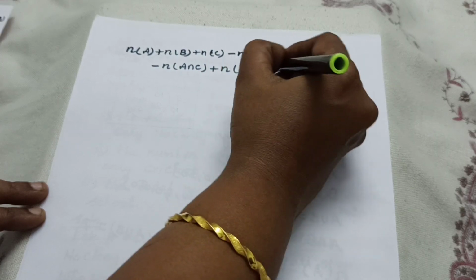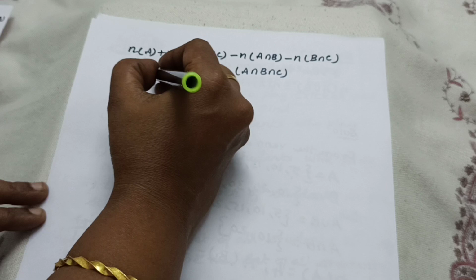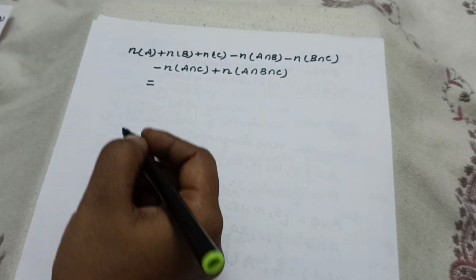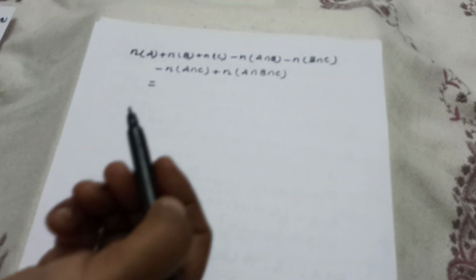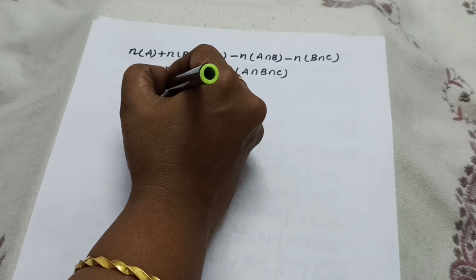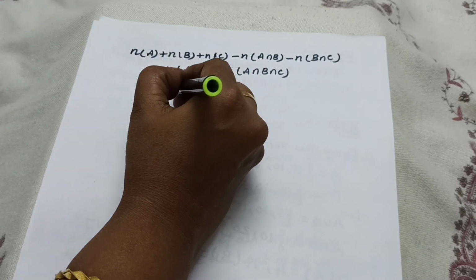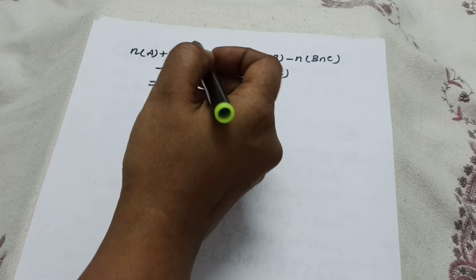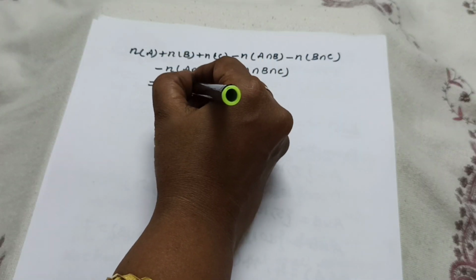Okay, here N of A, how many numbers? Here N of A is 5, isn't it? You have to substitute 5, plus N of B, what's the value? 4, isn't it?